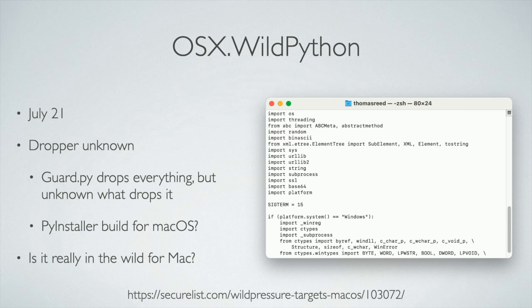There may have been a PyInstaller build that was capable of infecting macOS. We don't really know. By itself, just a Python file isn't the transmission vector. That's going to be like a second stage or something like that. We have no idea what the first stage was.